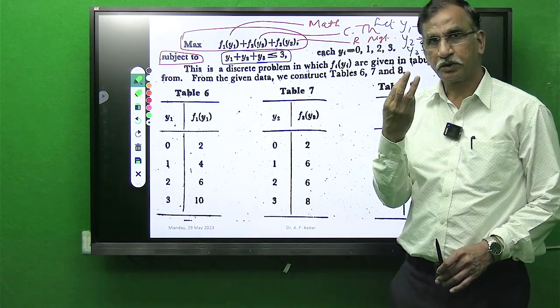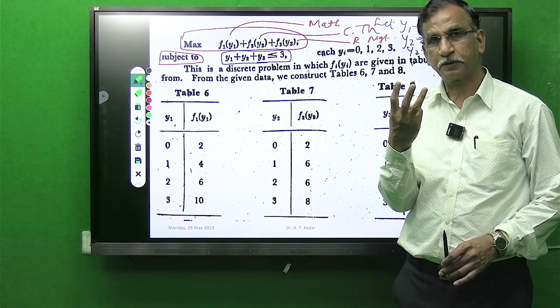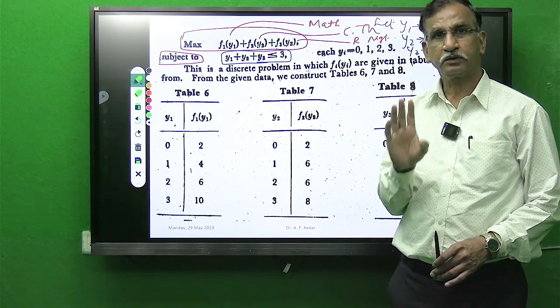At most 3 days are available, so he can use 3 or fewer.